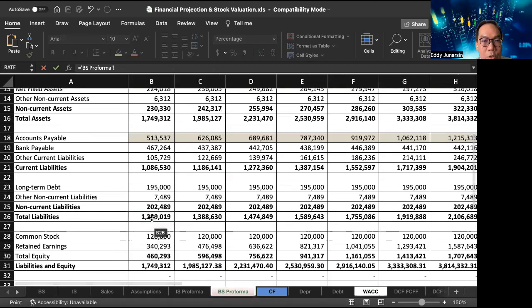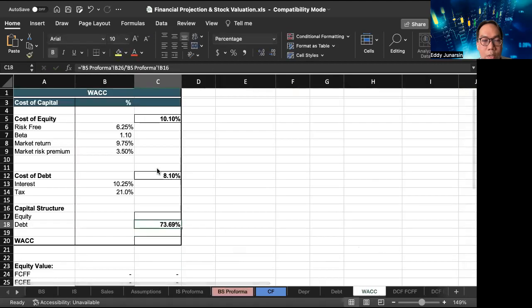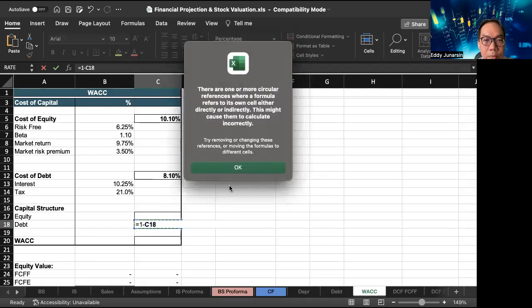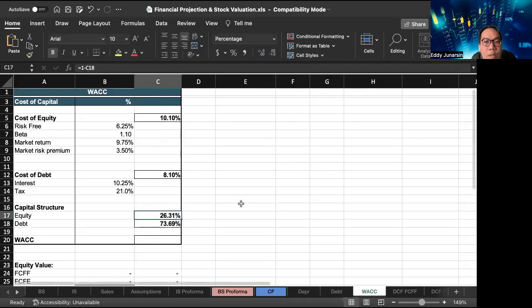So total liabilities in 2020 divided by total assets in 2020. So 73.69% was debt, meaning that the equity should be the remainder. It should be 1 minus this. Okay, so 26.31% equity.